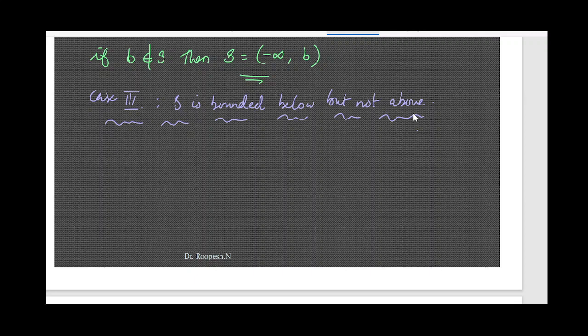This case we can similarly deal as we have taken in case 2. Because it is bounded below, it should have an infimum. So any number you take from S should be greater than or equal to this infimum value, right?